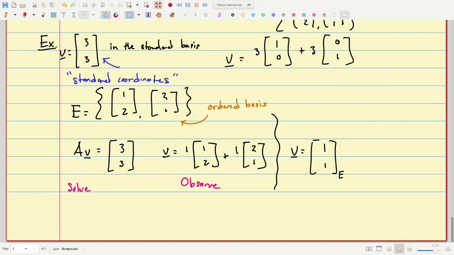So whenever you choose a basis, you're choosing not only the elements of that basis, but the order in which they are presented. Okay? If we're in 3D coordinates, x, y, z is a different coordinate system than z, y, x. Okay?